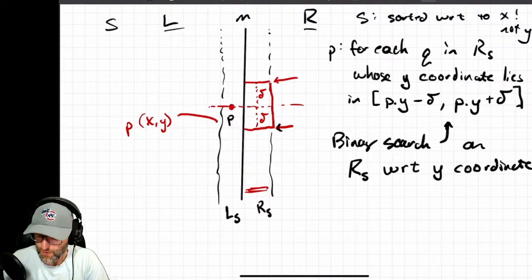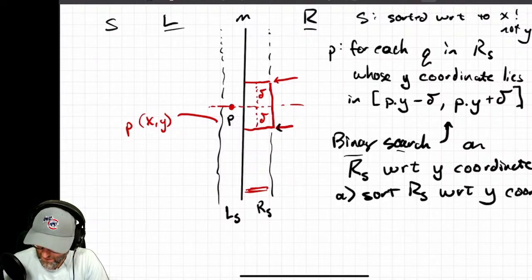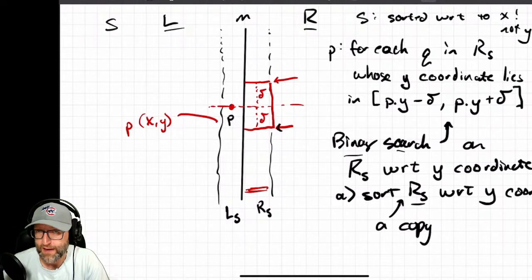There's no way that I can do binary search if it's not already sorted. So, step A, sort R sub s with respect to the y coordinate, and in fact, sort a copy of it, because we may want to maintain the ordering with respect to x.